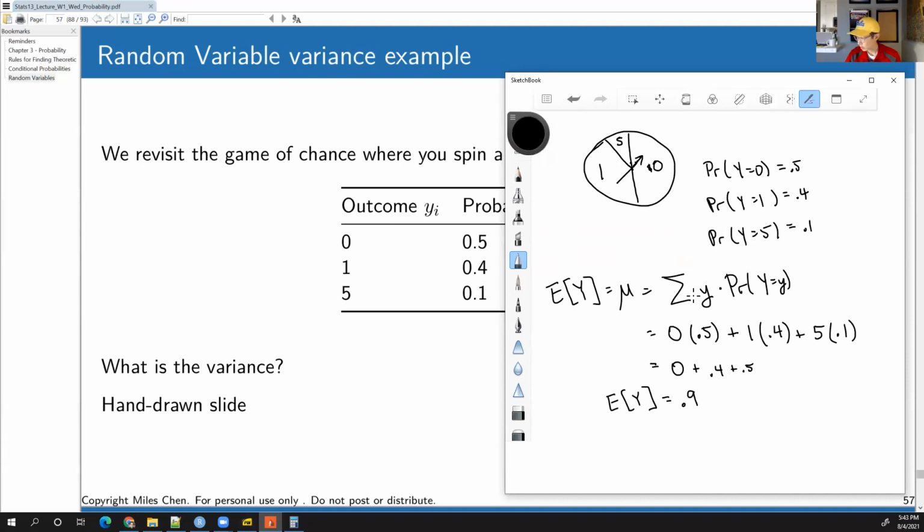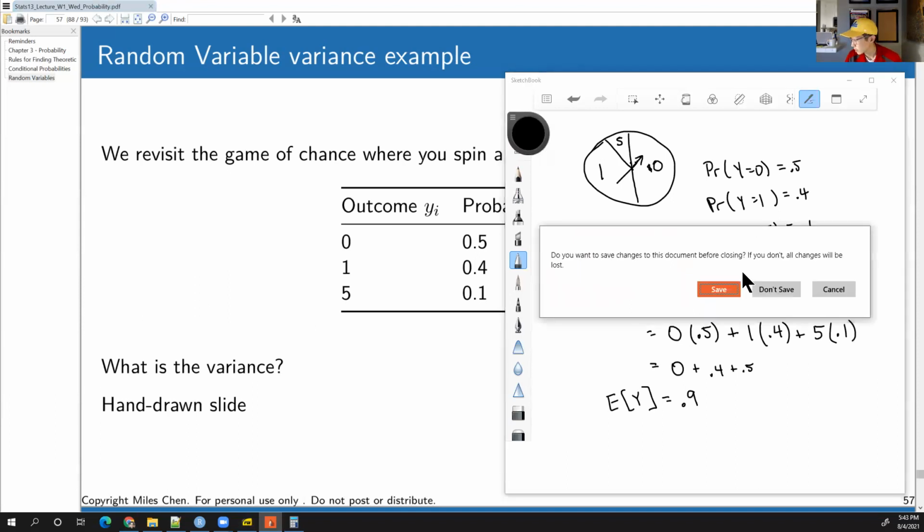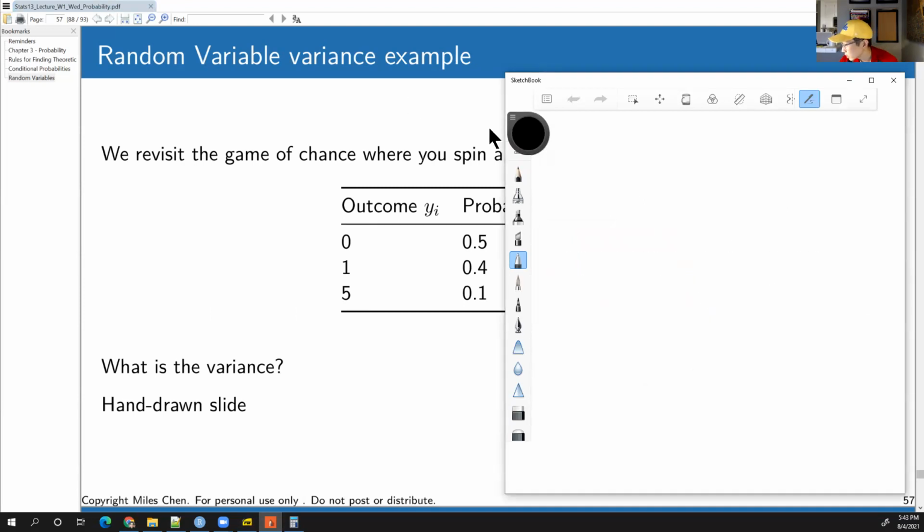So here the formula again is y_i, each value, minus the mean, and we've already found the mean. So we know that the mean is 90 cents. Okay, and so we're going to go through each outcome.